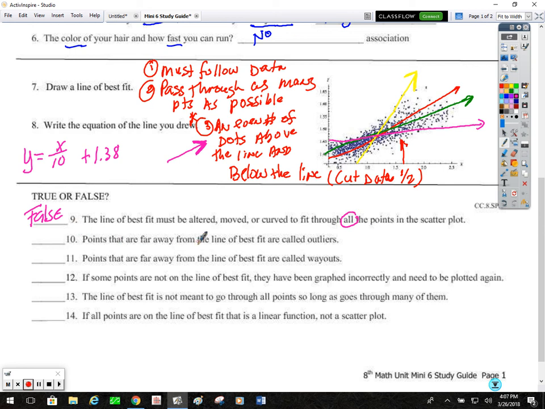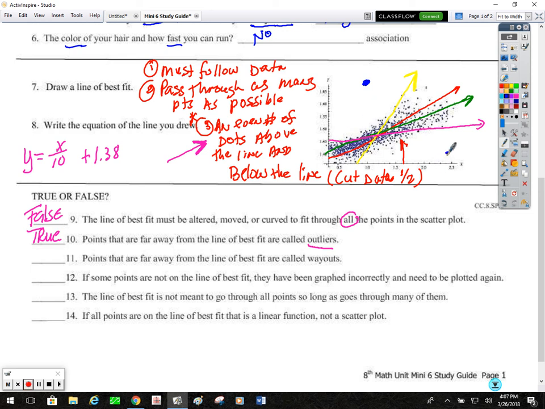Points that are far away from the line of best fit are called outliers. That is absolutely true. Those are the ones that lie outside of the normal data range. Well, a possible one in our graph above, whatever this data is right here, if I was to put a dot somewhere right here, I don't even know the categories, it doesn't matter. All I know is this dot is different from all of those because it lies outside of the normal range.